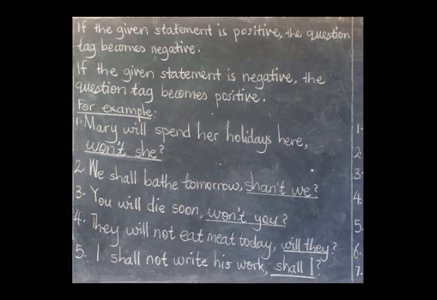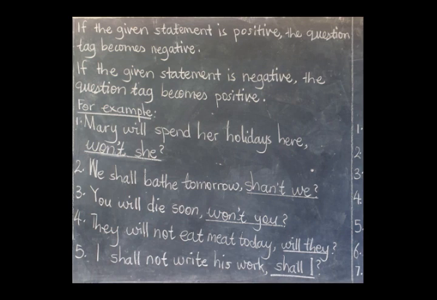We are going to select a pronoun which suits the name Mary because Mary is a female noun. Then we use the helping verb which is will. We've said if it is a positive statement, the question tag becomes negative. And in this case, Mary will spend her holidays here, won't she?